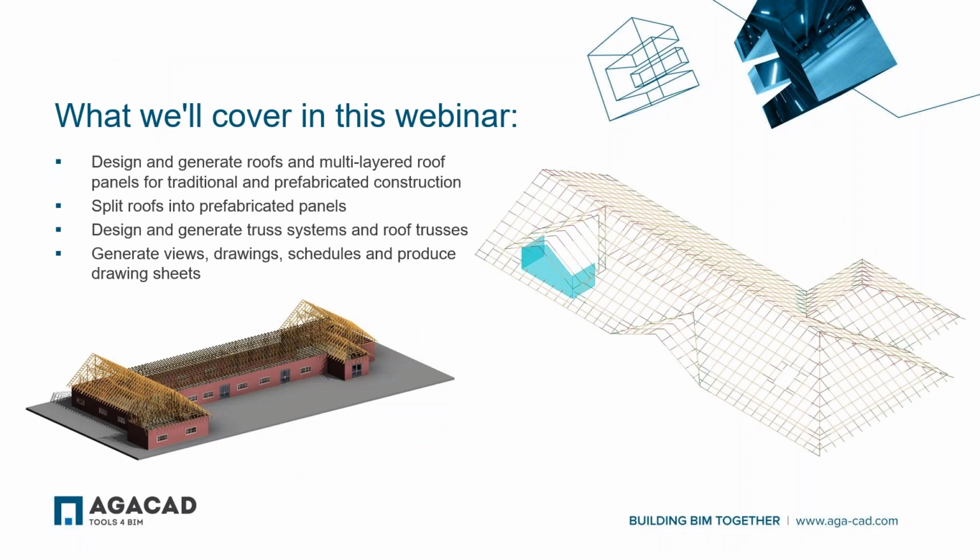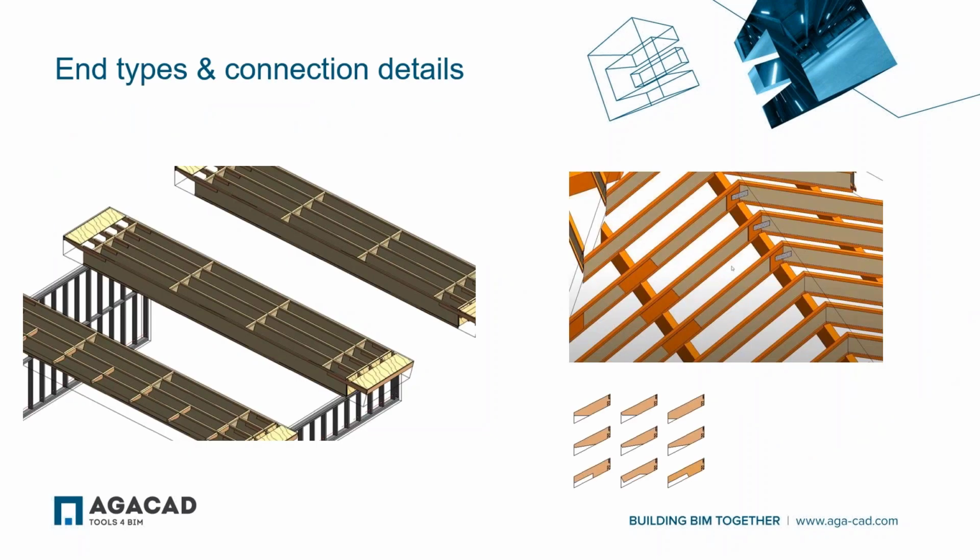The software is continuously updated. So we have just released our Revit 2021 software update, which you can already download from our website. That includes some new features, like here we have end types for rafters, and we have various connection types that we can include within our framing workflow.